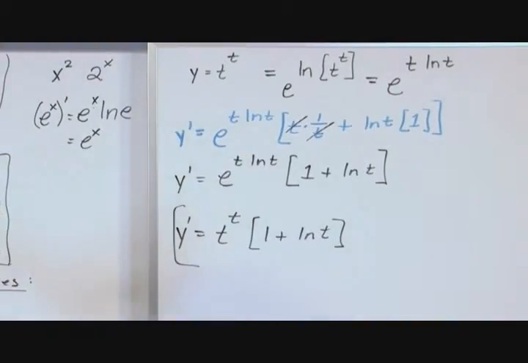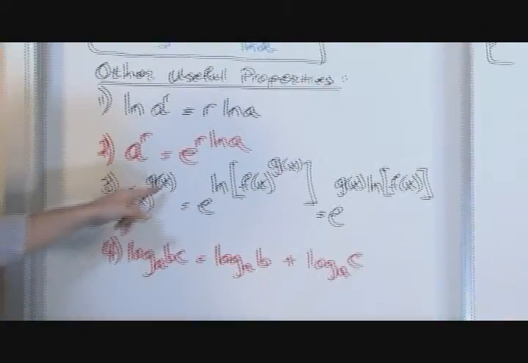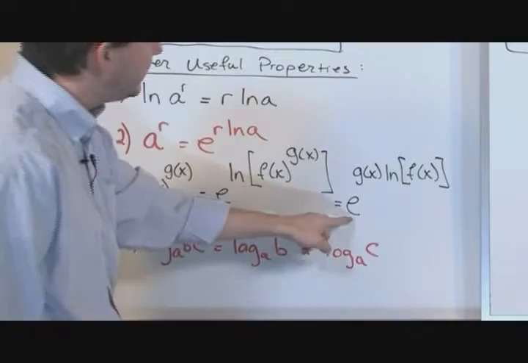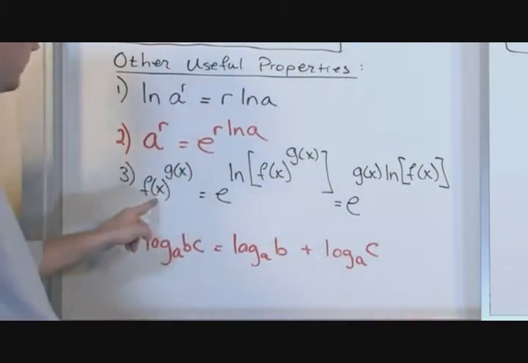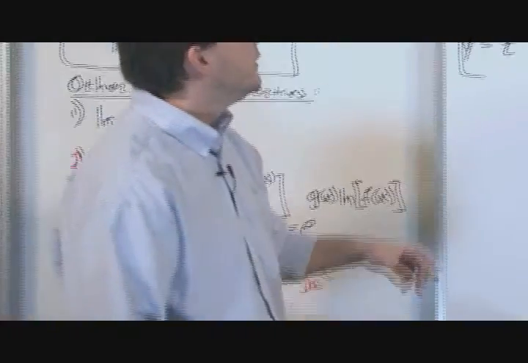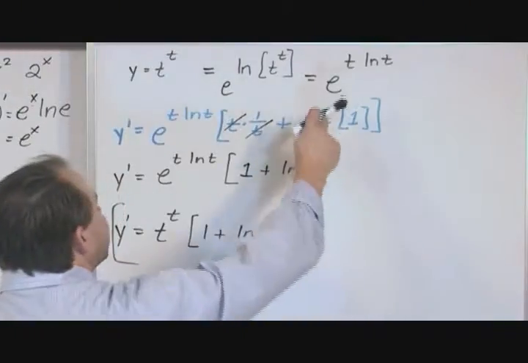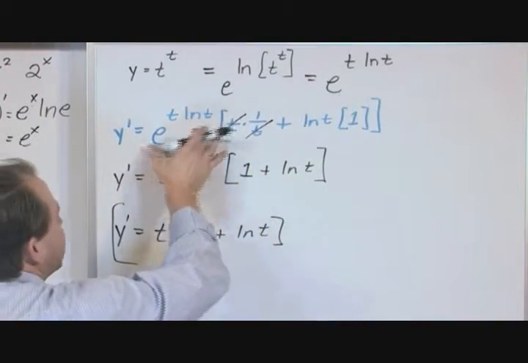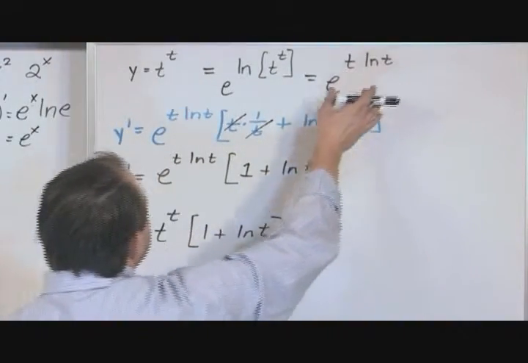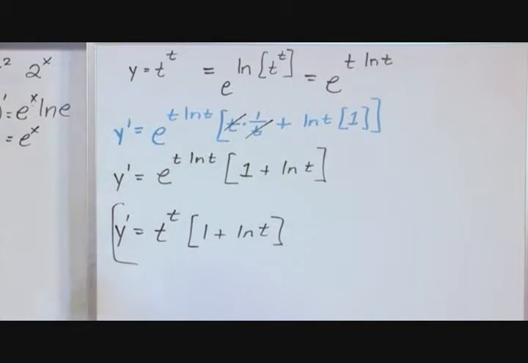What it basically boils down to is anytime you have a function raised to a function, you rewrite it as e to the exponent of your function times the natural log of the lower part of the function there. The reason you do that is because the exponential is very easy to take a derivative of. That's really the bottom line. You keep it indestructible, you multiply by the derivative of the exponent, that all falls out, and then you get the answer. Because this can be converted back into this function that you started with.